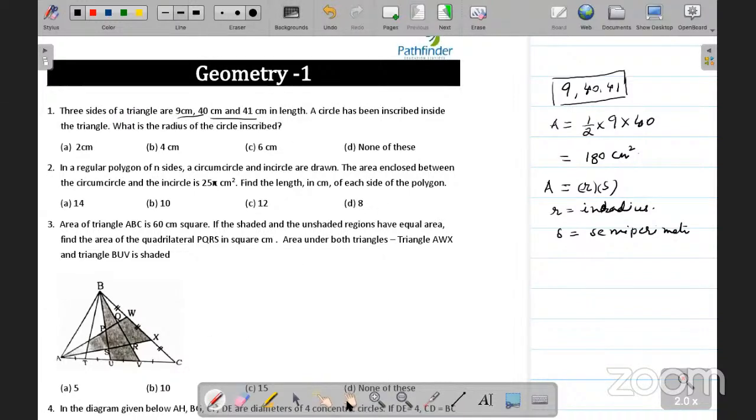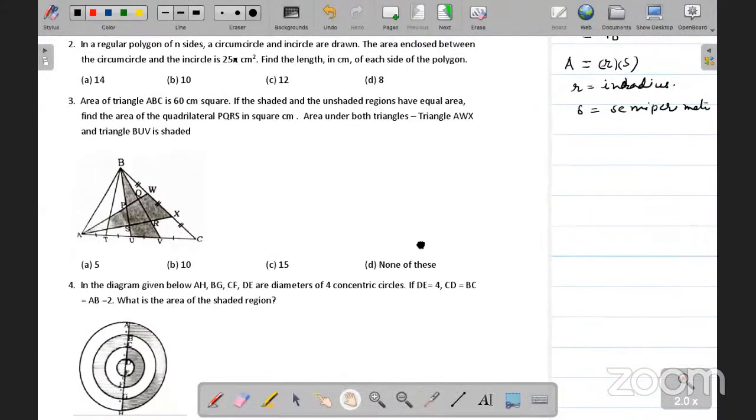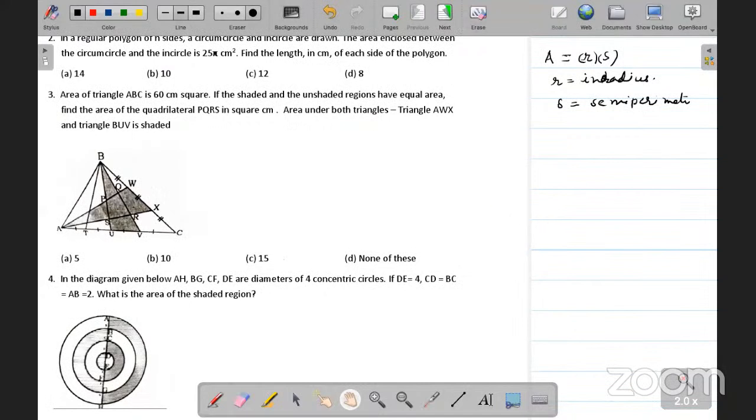Go to question number 3 first and attempt question number 3. You have 2 minutes for this question, not more.